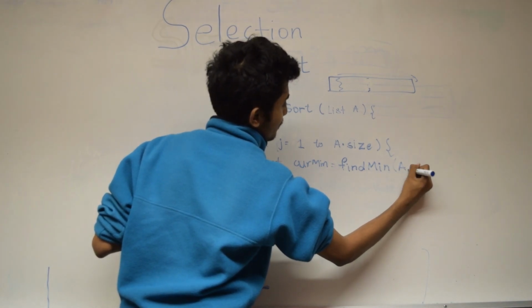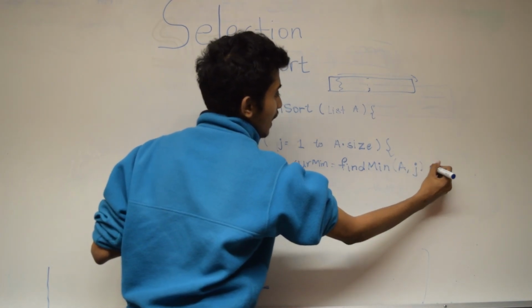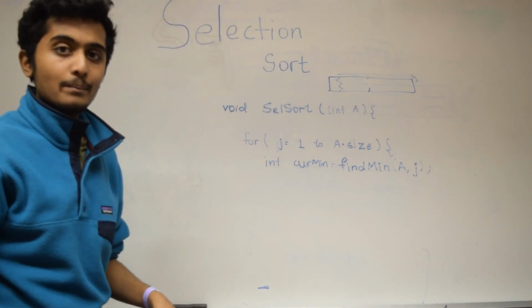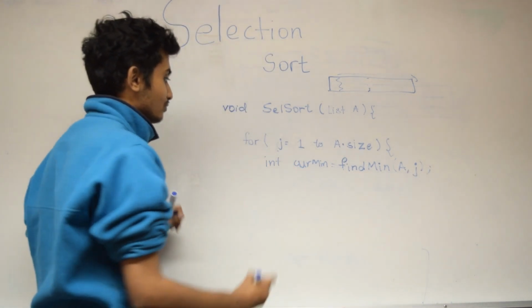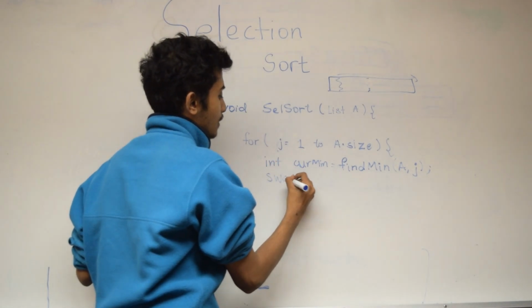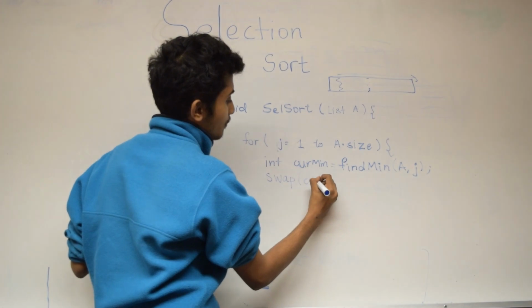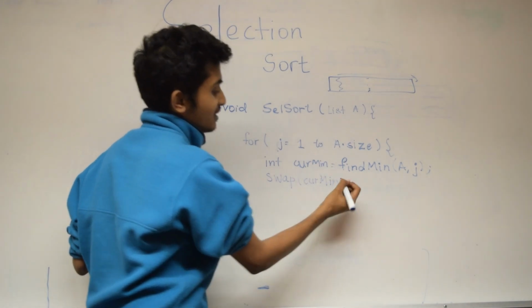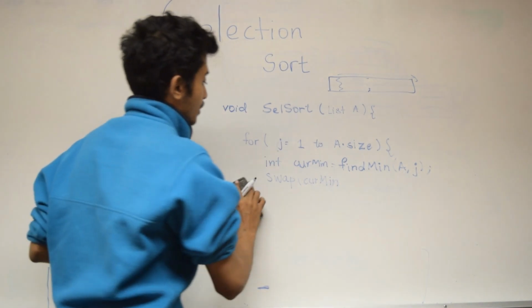But with A and j, because remember how we were passing the index? That's the problem. And all we're going to do is swap cur_min, since it gives us the index. My apologies.